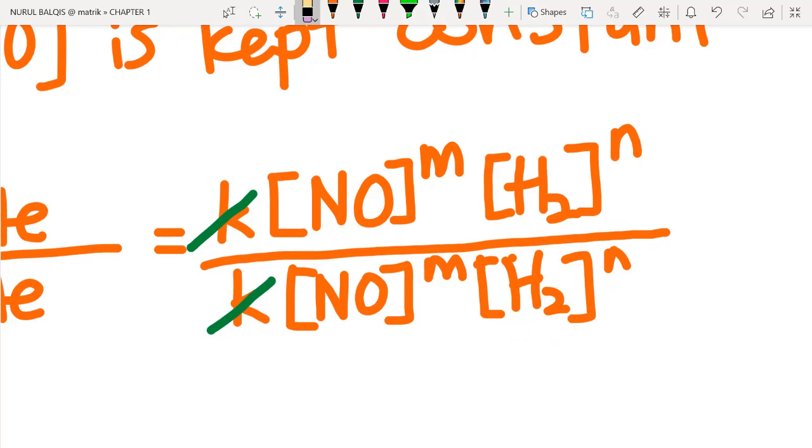Okay, so now we have 3 over 2. This is rate 3, this is rate 2. So substitute the value.